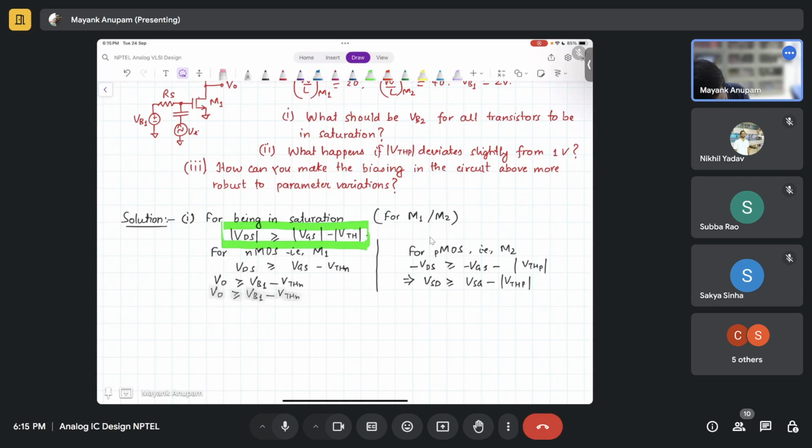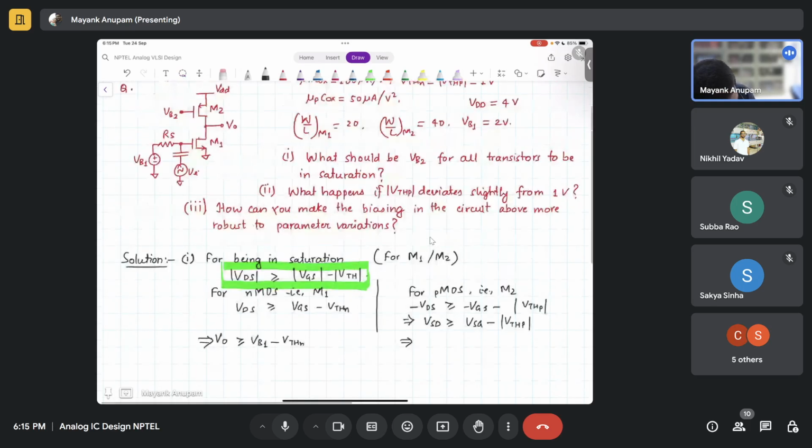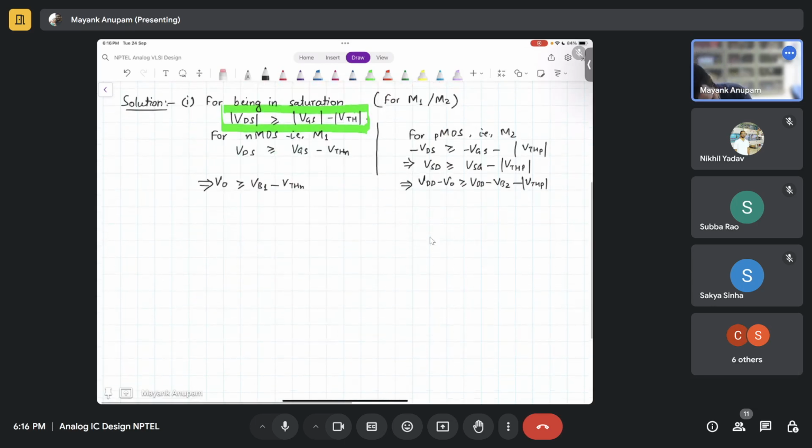And how will it look like for pMOS? It will be VDD minus Vout should be greater than VDD minus VB2 minus VTHP. Correct? Okay. There is no need to simplify this because this is already the simplest that I could get.